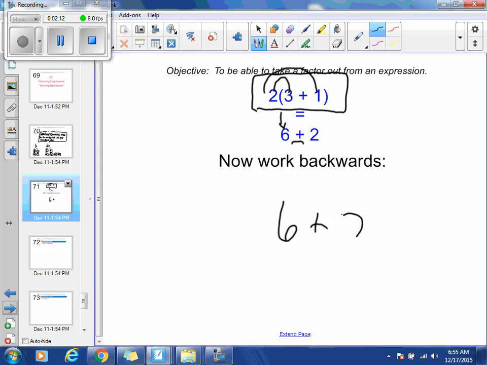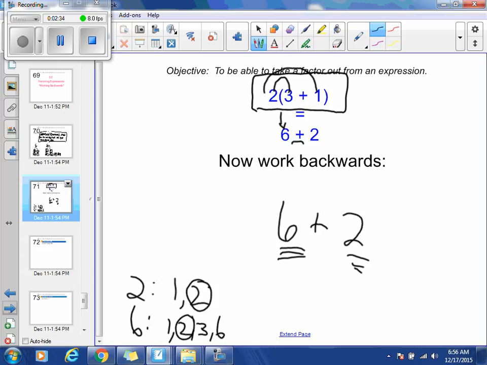We have 6 plus 2, so we say, okay, what is a number that is a factor of both 6 and 2? The factors of 2 are just 1 and 2. Those are the only things you can multiply to get 2. Factors of 6 are 1, 2, 3, and 6. Those are the numbers you can multiply to get 6. So which factor do they have in common besides 1? The 2.